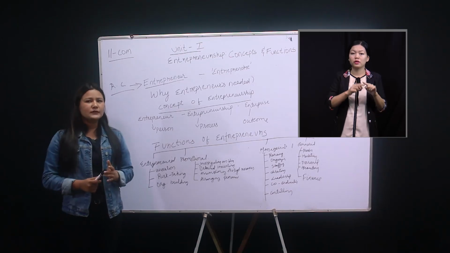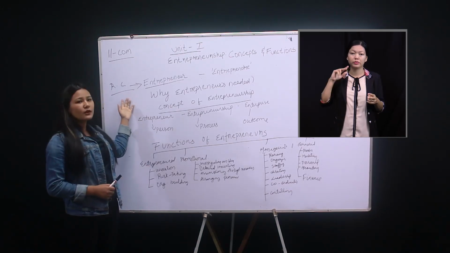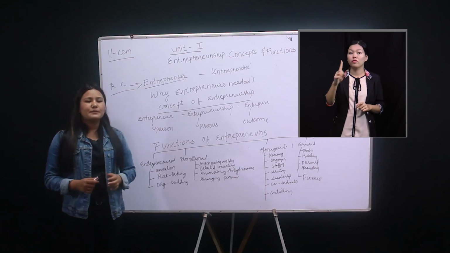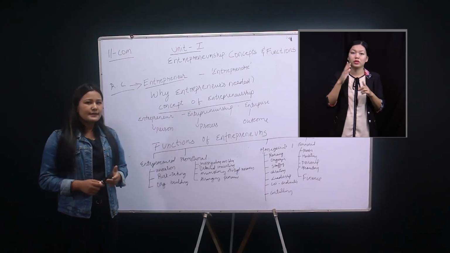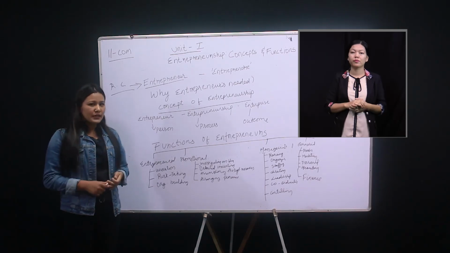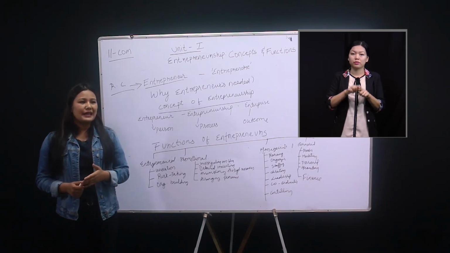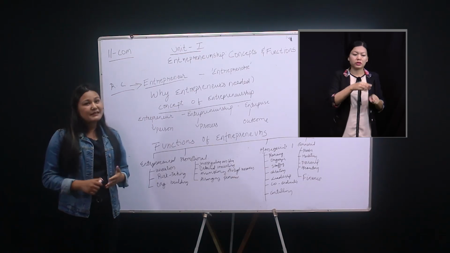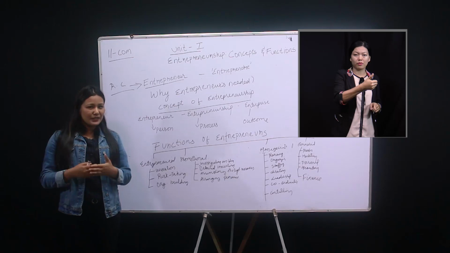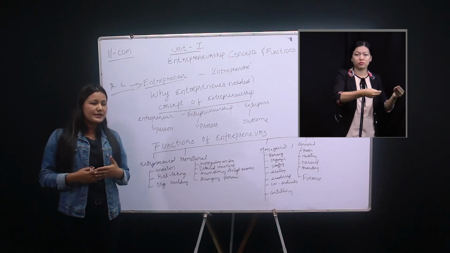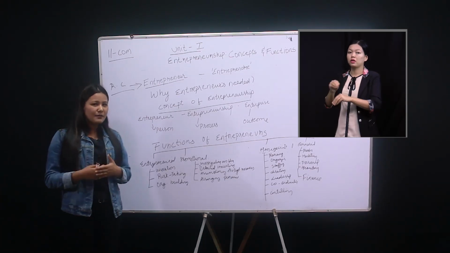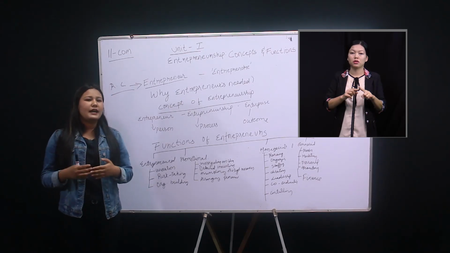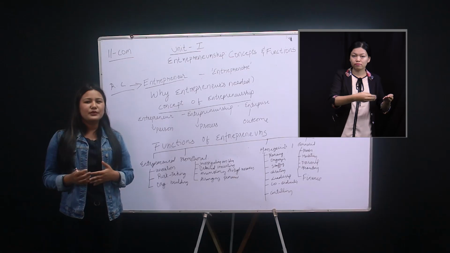So the person who first coined the term entrepreneur defined entrepreneur as a person who pays a certain price to buy a product and resell it at an uncertain price, which means he buys a product at a certain price. That is, the product he meant is resources, land and labor, or different sources of production, and sells it at uncertain price.